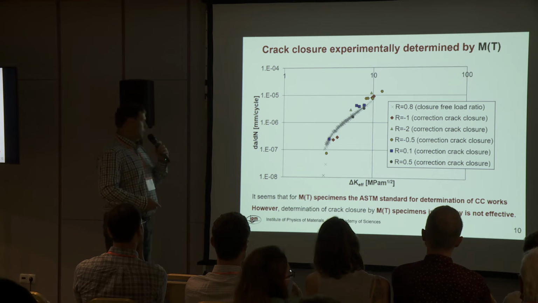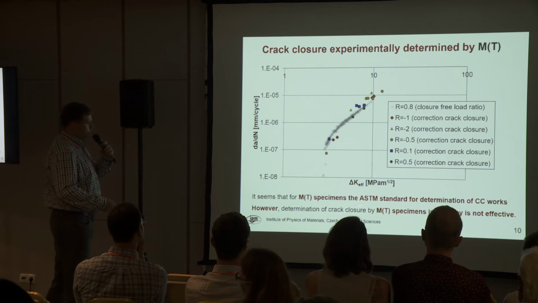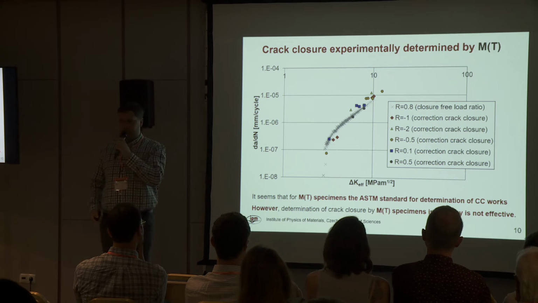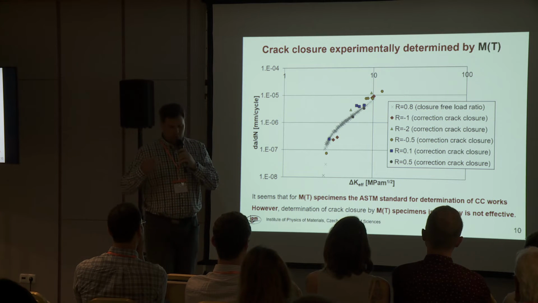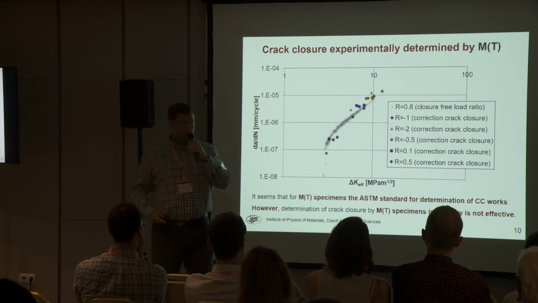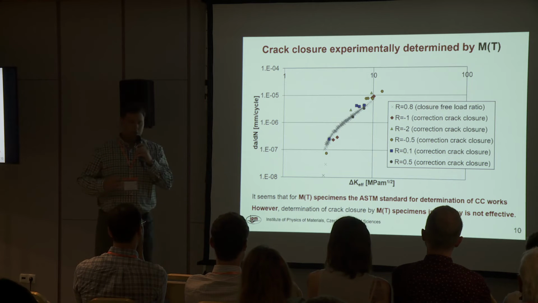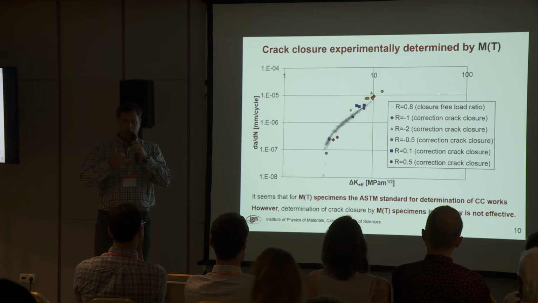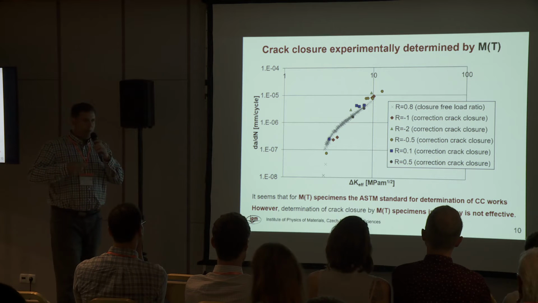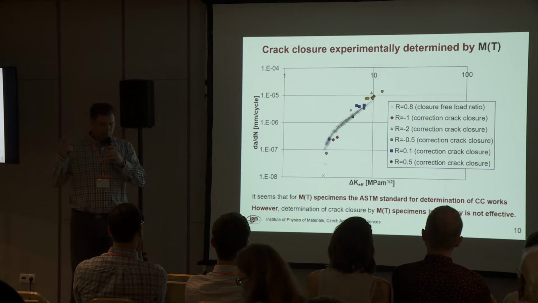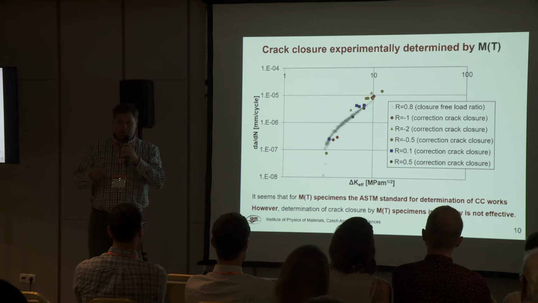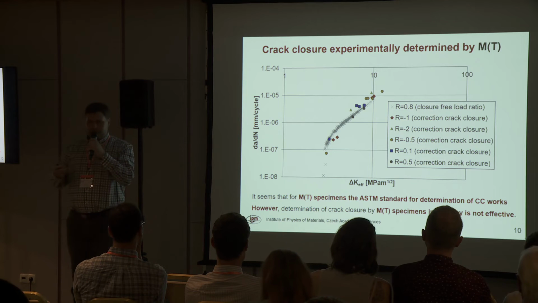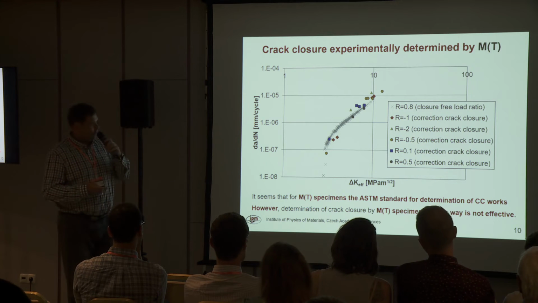However, determination of crack closure in this way is not effective, because imagine when I glue the strain gauge in the central notch, this strain gauge will survive just one or several load cycles. So it means that for measurement of one crack closure level, one point, I need one strain gauge. So for measurement of 20 points, I need 20 strain gauges. You can see that this is not an effective way to determine the crack closure.